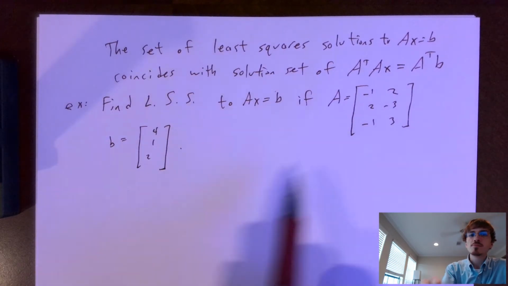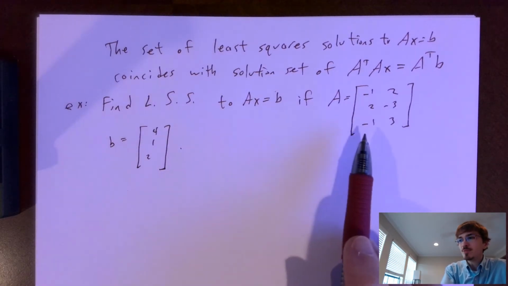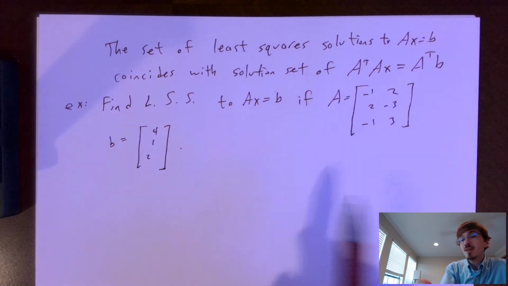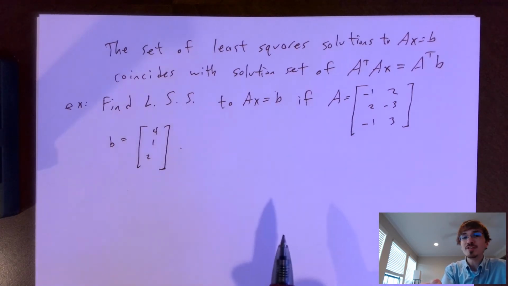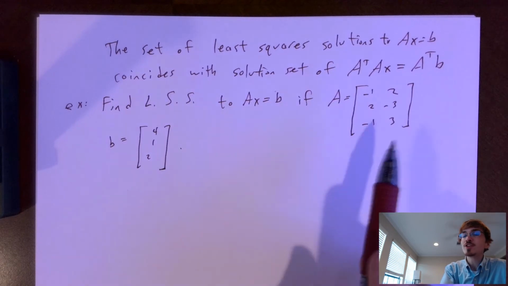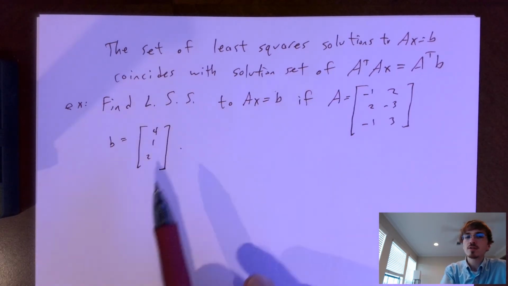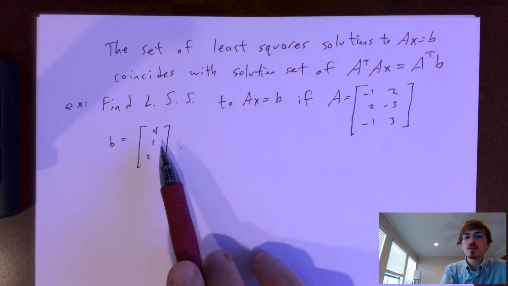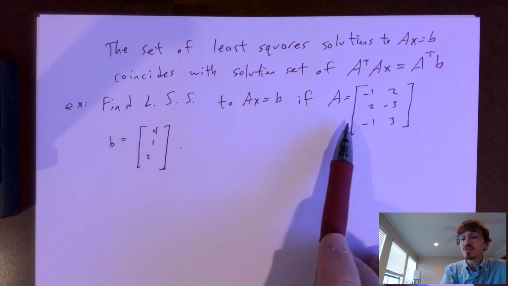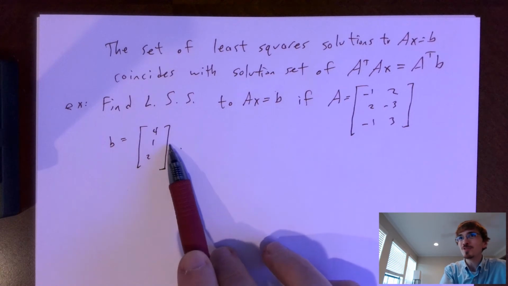We could show that B is not in the column space, and it's not. So how would we solve the least square solution? It's going to be the vector in the column space that is closest, in the Euclidean sense, to this vector, such that A times that vector is closest to this vector B.